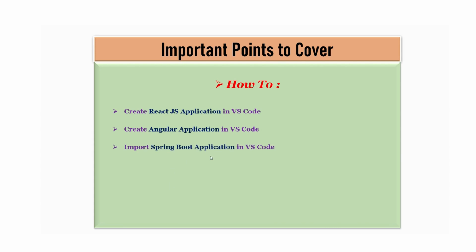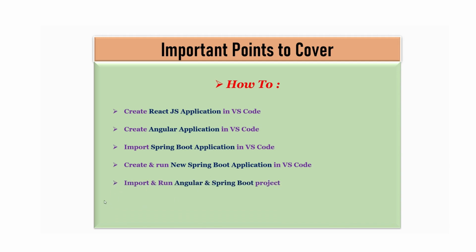Next we will create one Spring Boot application using Spring Initializr, download that project folder and import it into the VS Code and run it. So basically we are going to see how we can import and run the existing available application in VS Code.